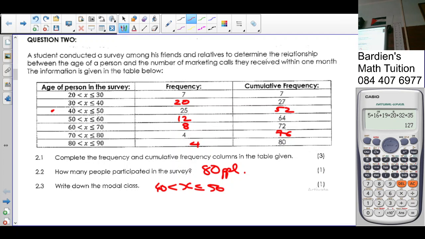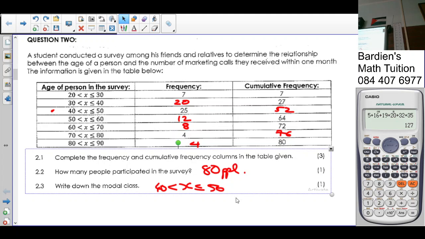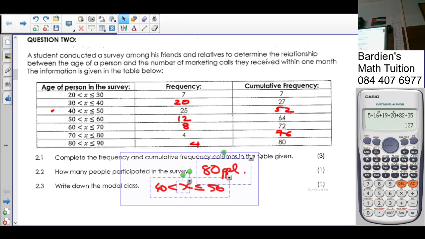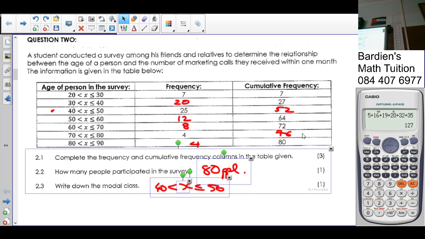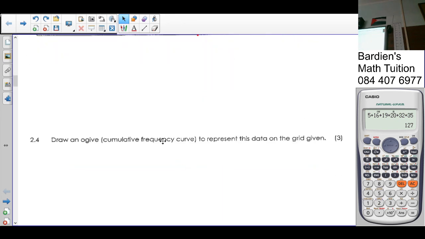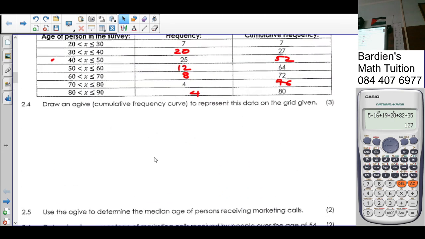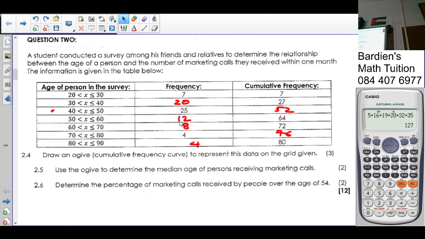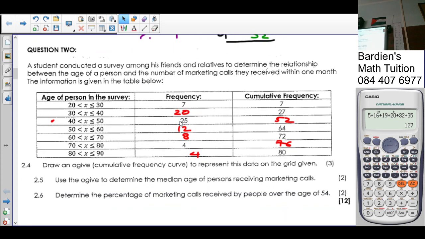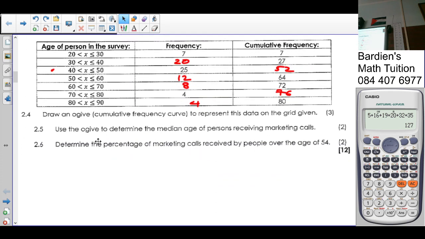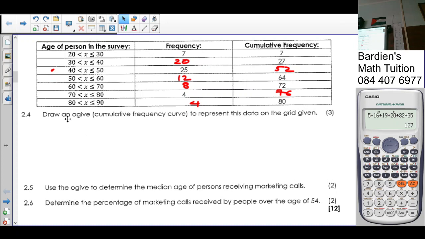The next question says, draw an ogive. Another word for ogive is a cumulative frequency graph.